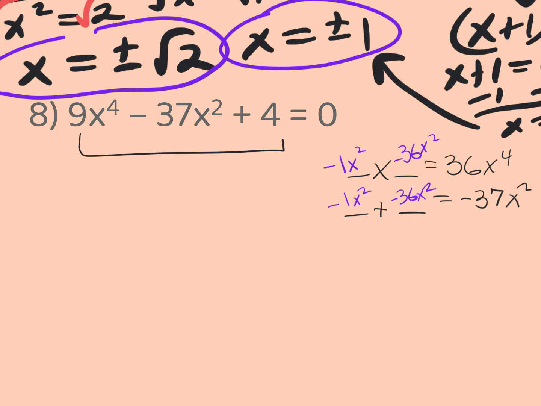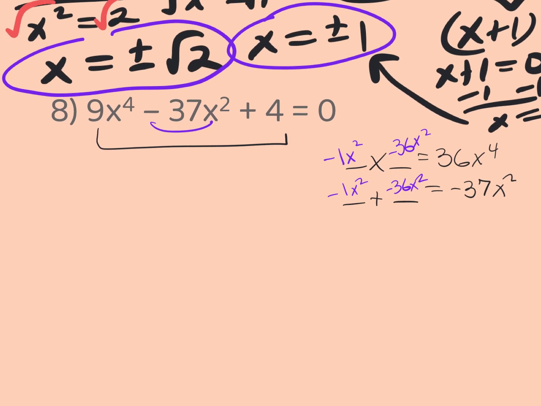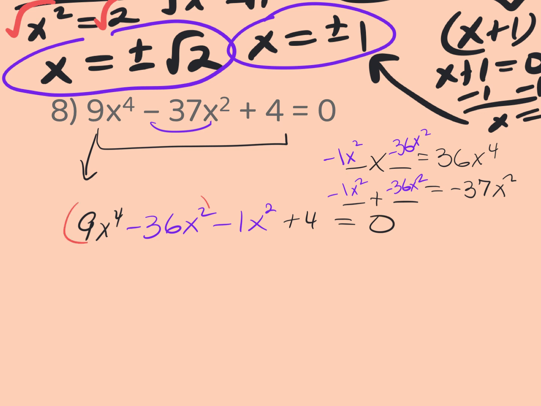So this is what I'm replacing the middle with. So rewrite the first term, 9x to the 4th. Replace the middle with the two terms. It doesn't matter if you put the 1 first or the 36. You'll get the same answer either way. Make your groups.